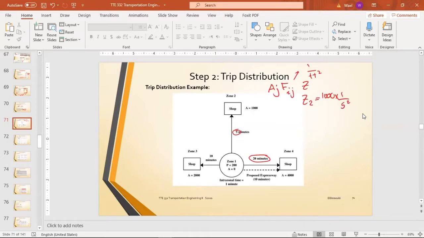That means A2F12 equals 1000 over 25, which is 40.